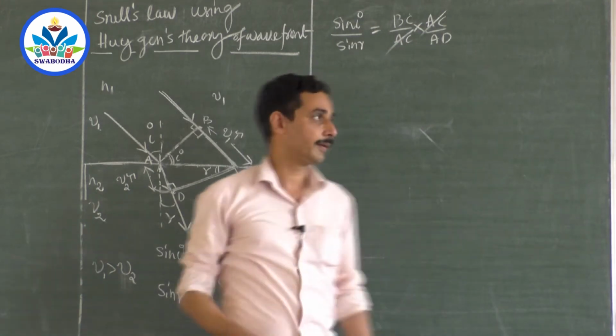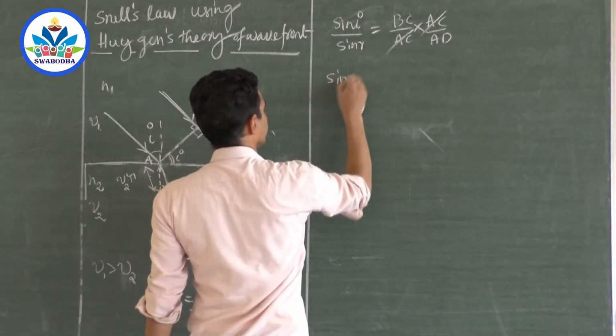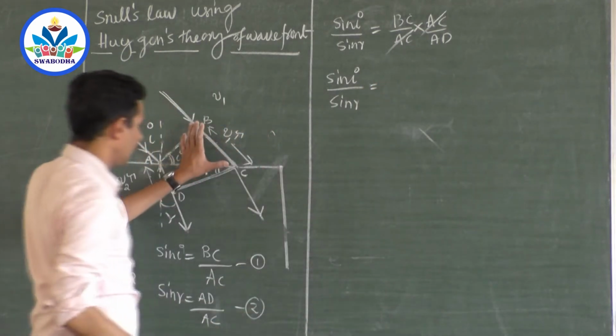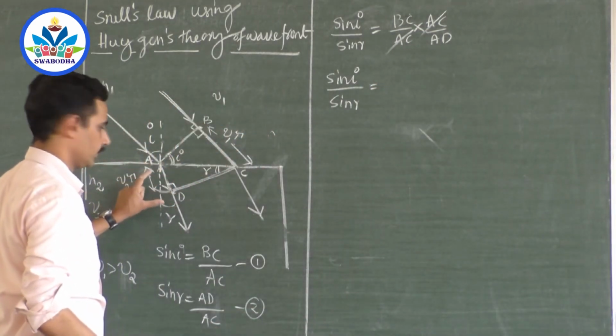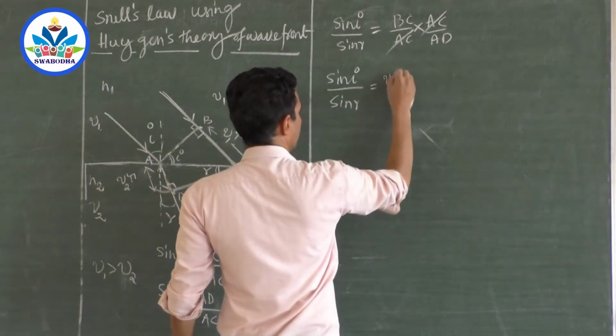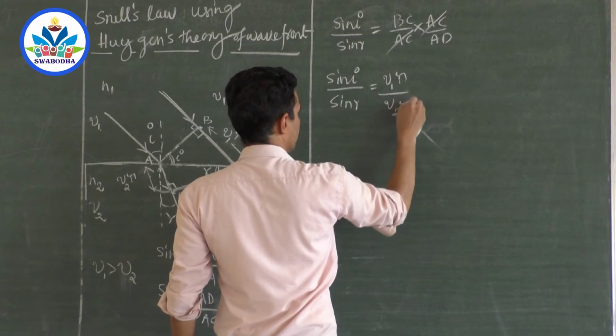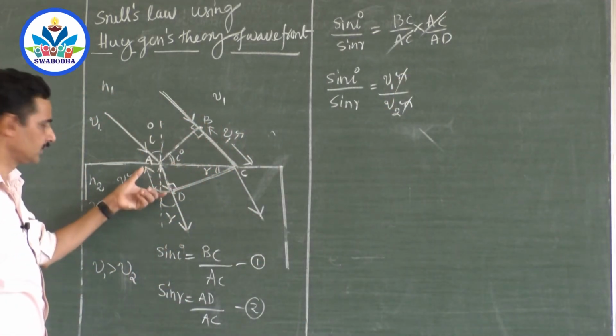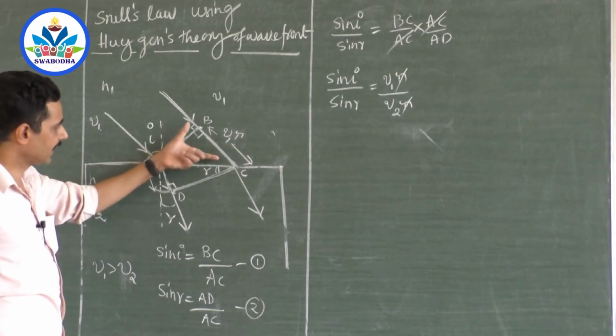What is sin I by sin R? BC is V1 tau and AD is V2 tau. You can see it here. So V1 tau by V2 tau. Tau gets cancelled. That's why I have taken it as some 10 seconds randomly, because it has nothing to do with the derivation finally. In 10 seconds this will travel here.